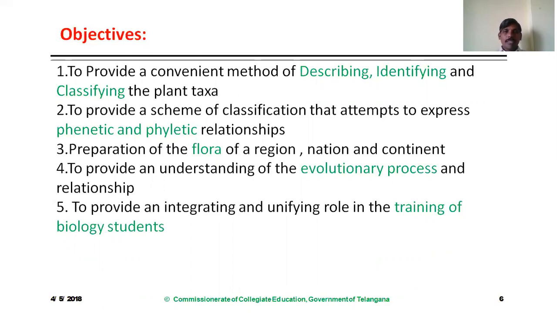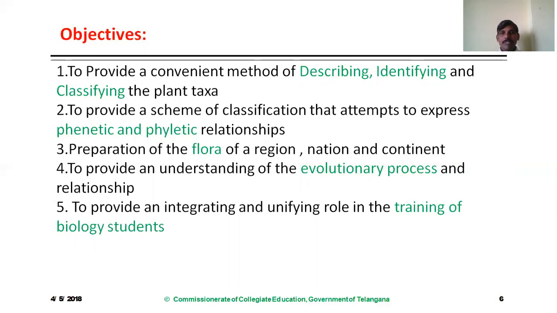Another objective is to provide a scheme of classification that attempts to express phenetic and phyletic relationships. The classification depends upon different criteria. If a taxonomist considers the physical or outward characteristics, it is called a phenetic relationship.